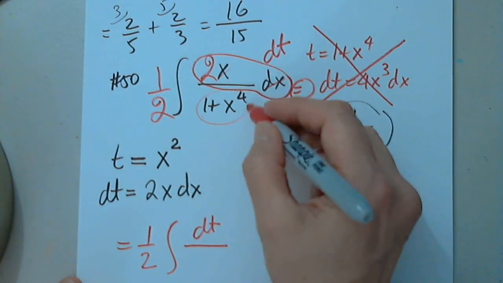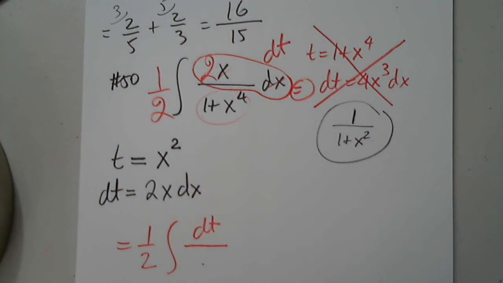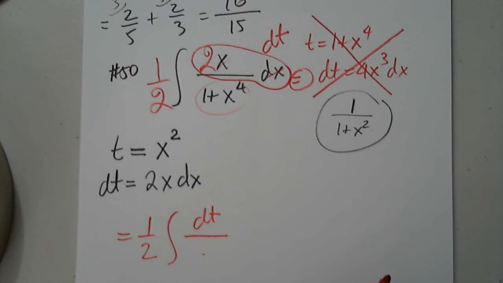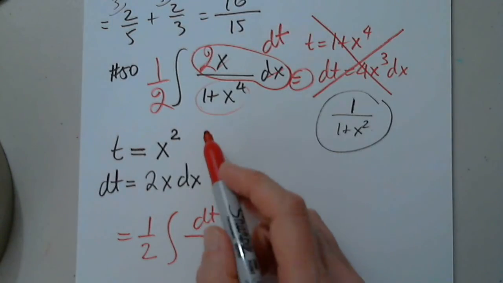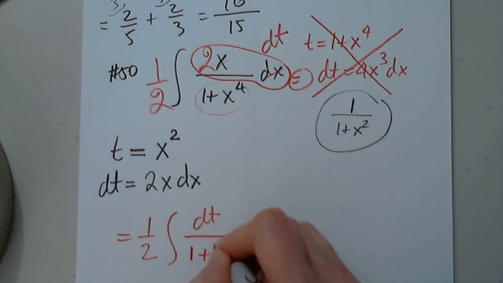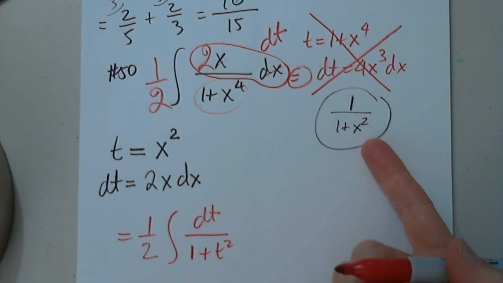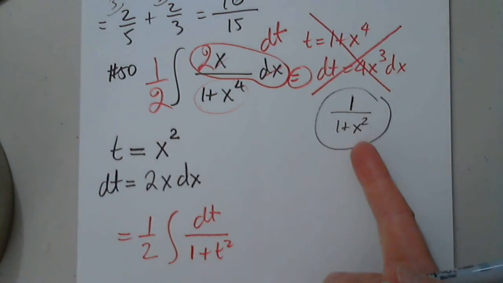What will I copy for this underneath here in terms of t and t only? Would it be t squared? But you mean 1 plus t squared. Yes, awesome. And this is what I was getting at.